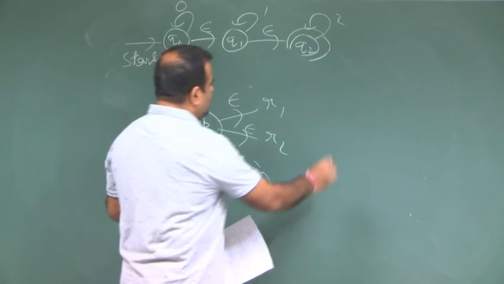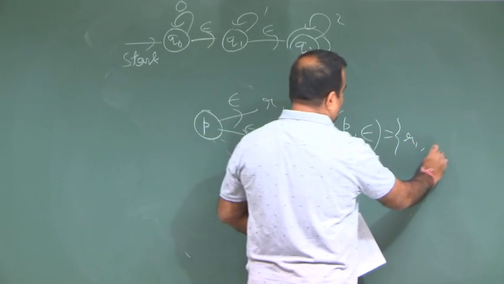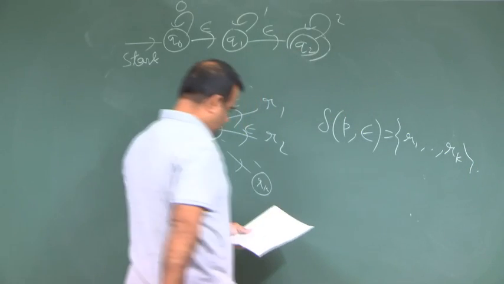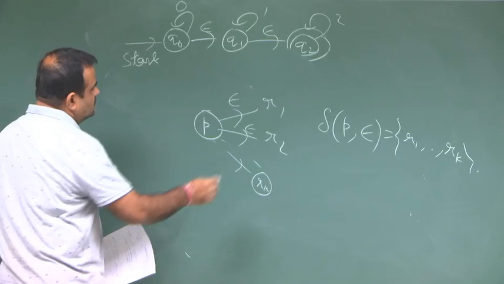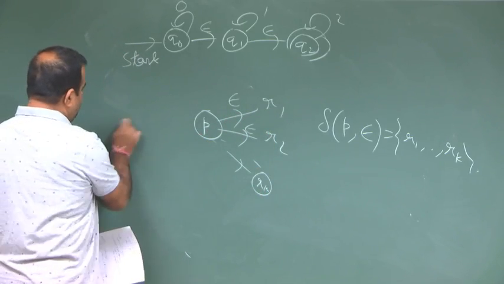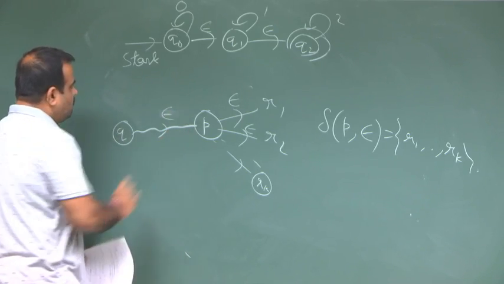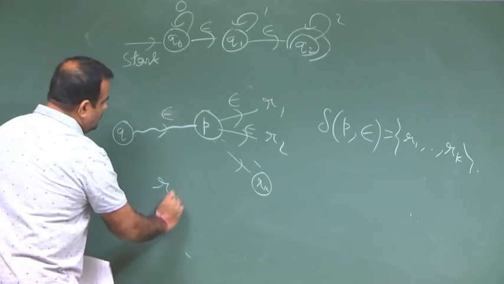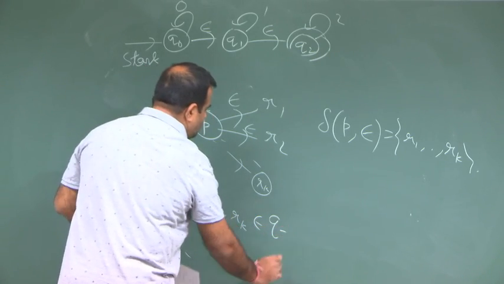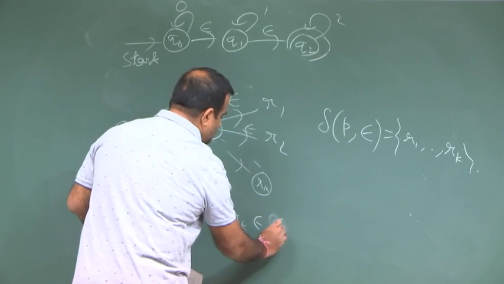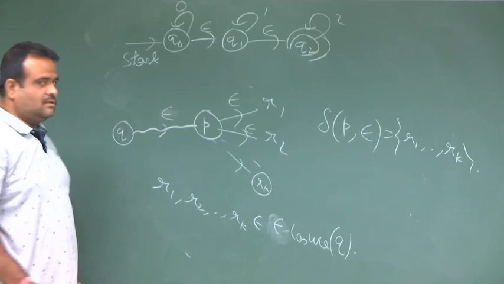So that means delta of p comma epsilon, if this is the set r1, r2, rk, then all these r1, r2, rk. So then we have a p over here, q over here. Suppose only by epsilon move we are going to p. So all these r1, r2, rk will belong to the epsilon closure of q. So this is the recursive definition.